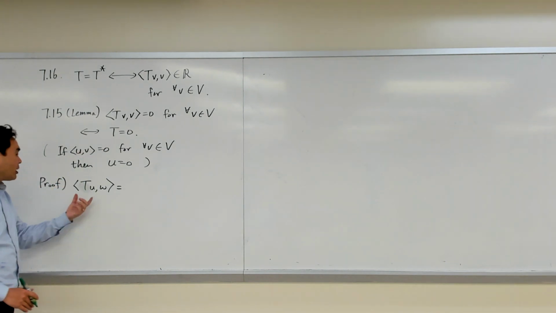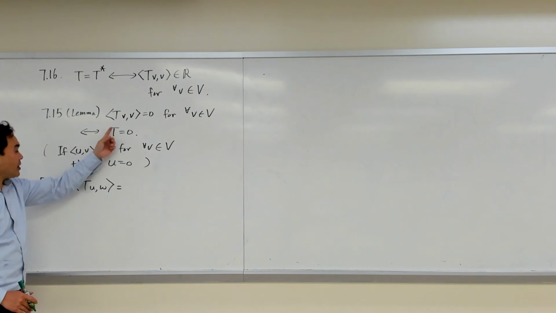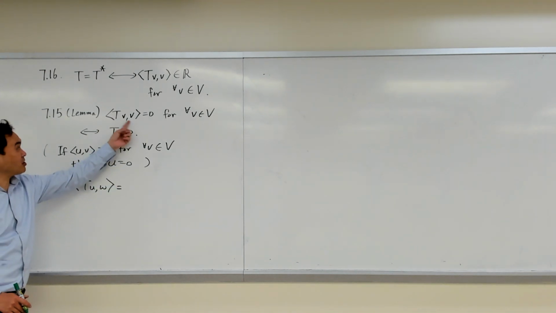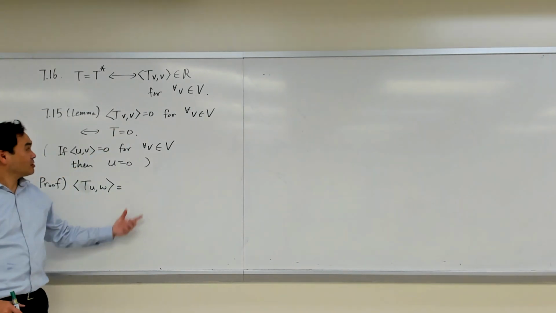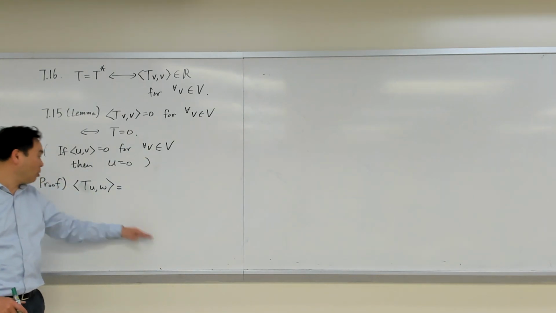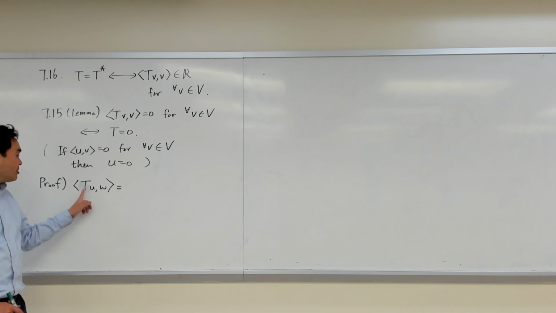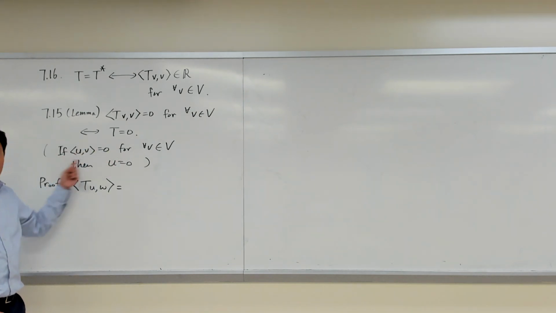Okay, so how do you write this in this form? Now, if I manage to write this into a linear combination of these guys, then because of this assumption, it will be 0 on the right side. And if this is 0 for all w, then that would force Tu to be 0. If this is 0 for all u and w, then it will force Tu to be 0 for any u because of what we just observed.